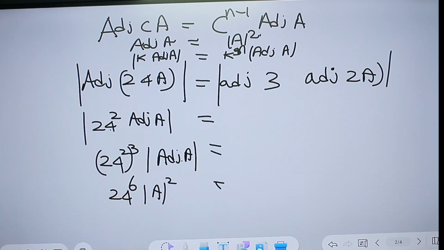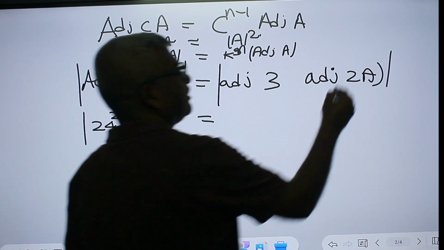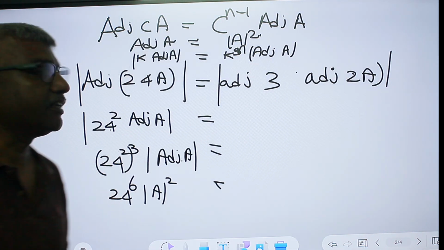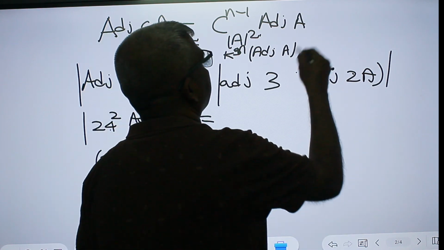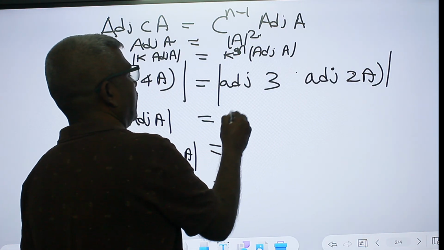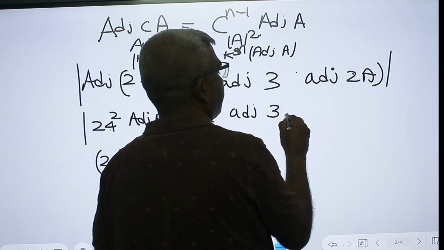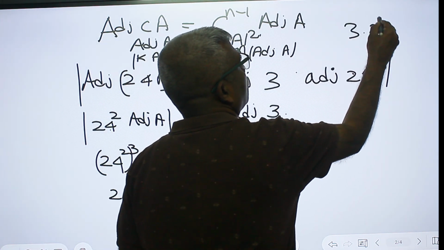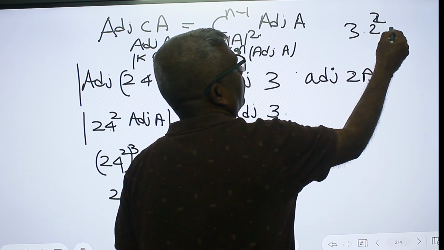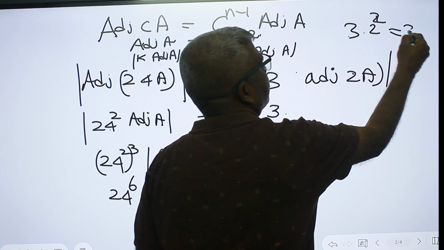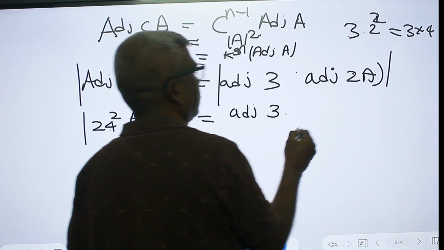Left hand side solved. Then here, this 2 is taken out from here. 2 square, because 2 power 3 minus 1. So adjoint 3 times 2 power n minus 1, 2 square. What will be 3 times 4? So it will be 12.